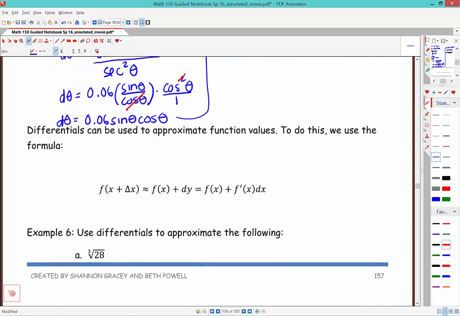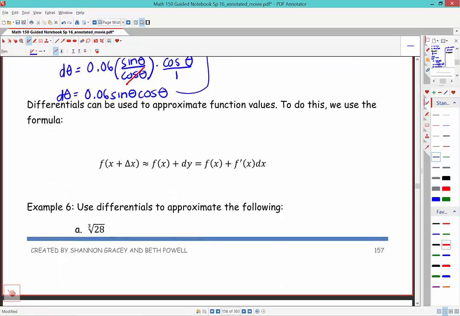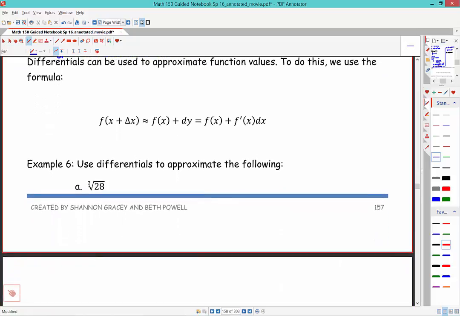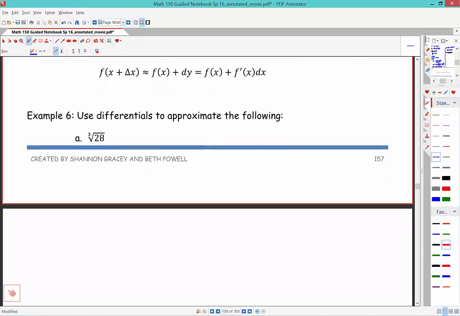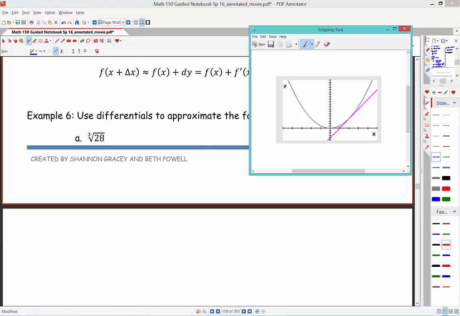All right. So now this is a real fun application of differentials. They can be used to approximate function values. So to do this, we use this formula here. I'm going to rewrite it down here. My spacing got off. Sorry about that, guys.